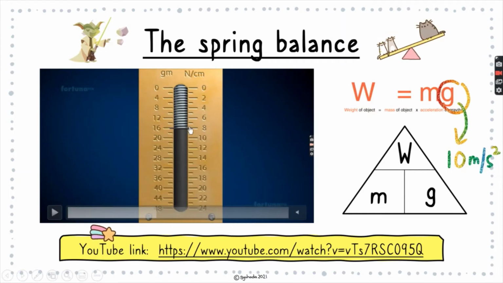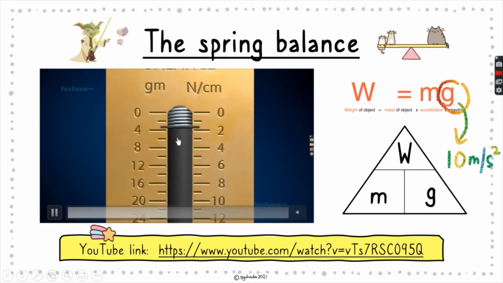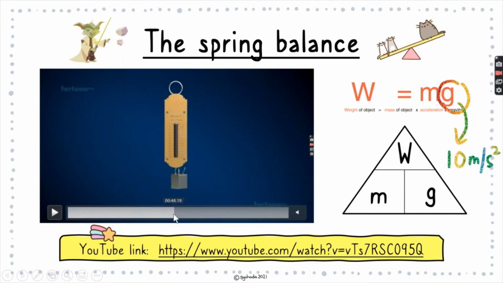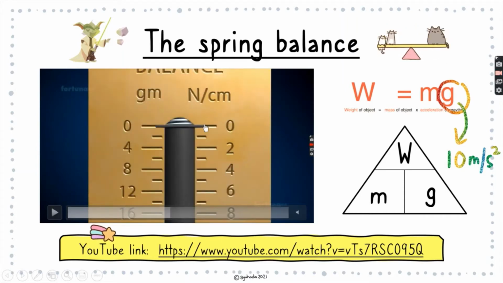So make sure that when you are measuring, you're looking at that line over there and see where it stops. So over here, we're just gonna watch this video a little bit. Okay, so usually it starts at 0, so make sure that when you're using this, you can calibrate it, which means that sometimes the starting point of the spring might be below, so make sure you change it to 0 first.